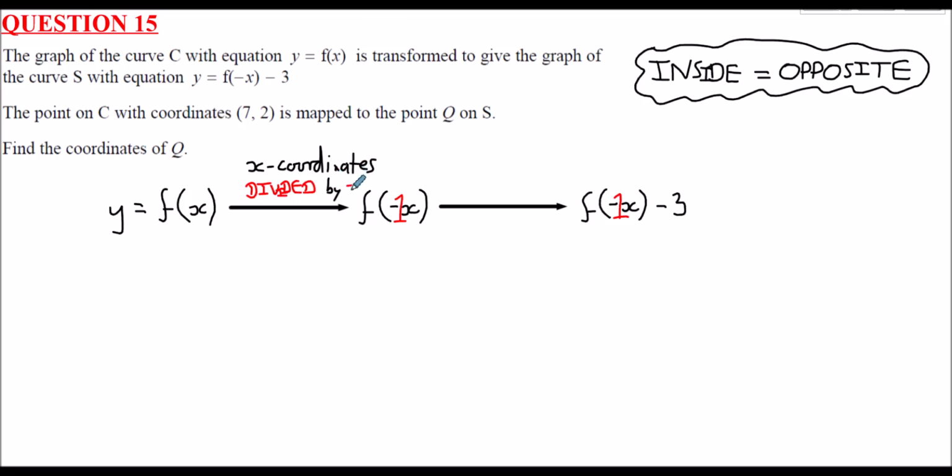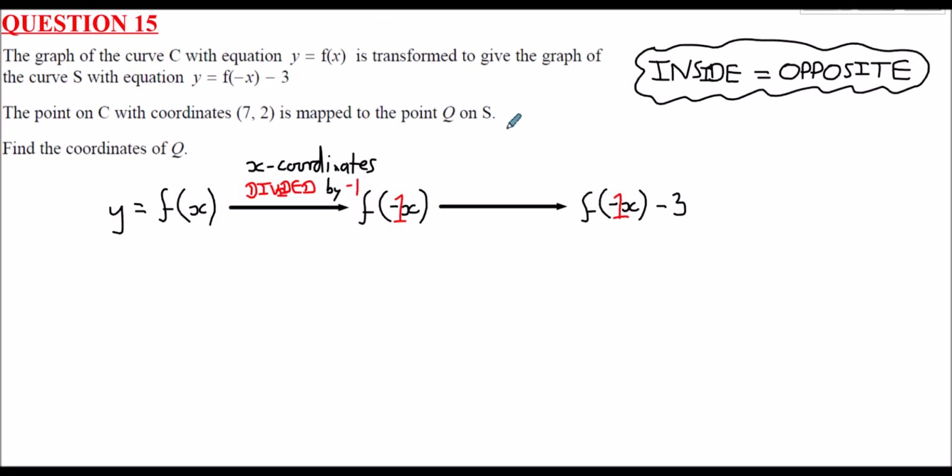In the same way, if you had to say f of x to f of 5x, instead of multiplying by 5, we'd be dividing by 5, and so on.